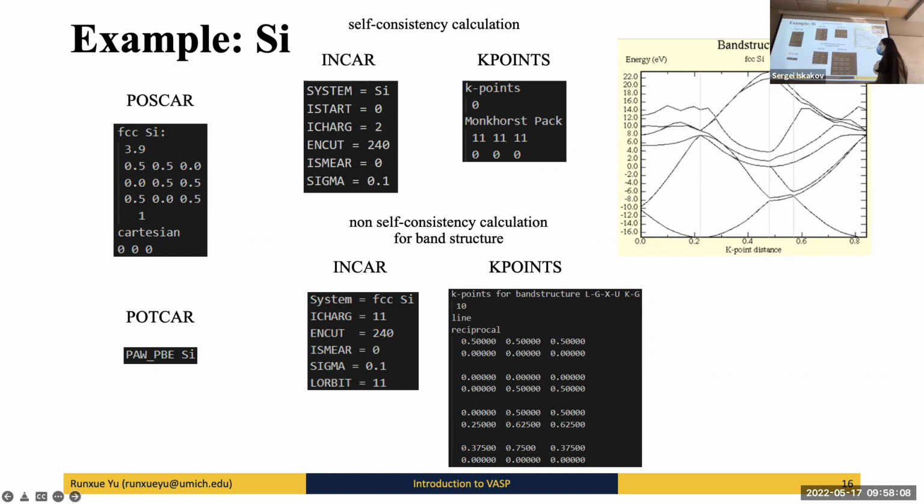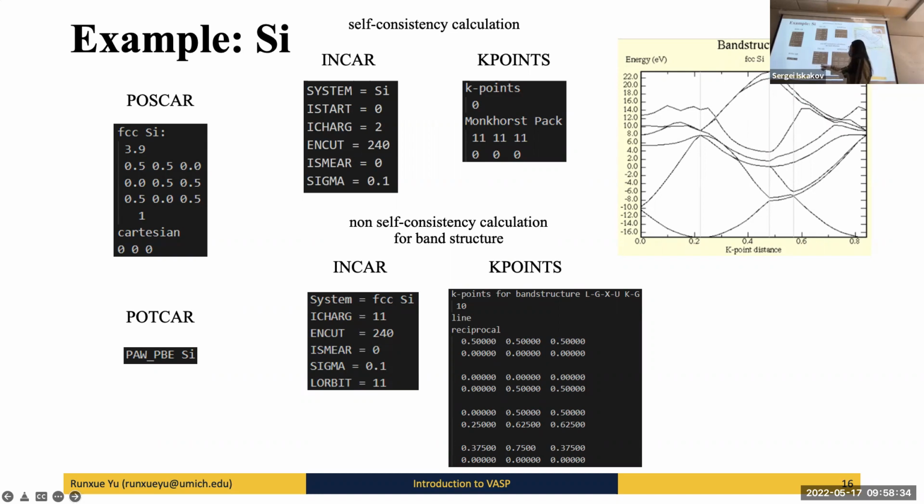And after that, we will have a bunch of output files, and when we go to the non-self-consistency calculation for band structure, we will have to copy the CHGCAR file into this calculation. We will also build the same POSCAR and POTCAR, and we will modify the INCAR here.